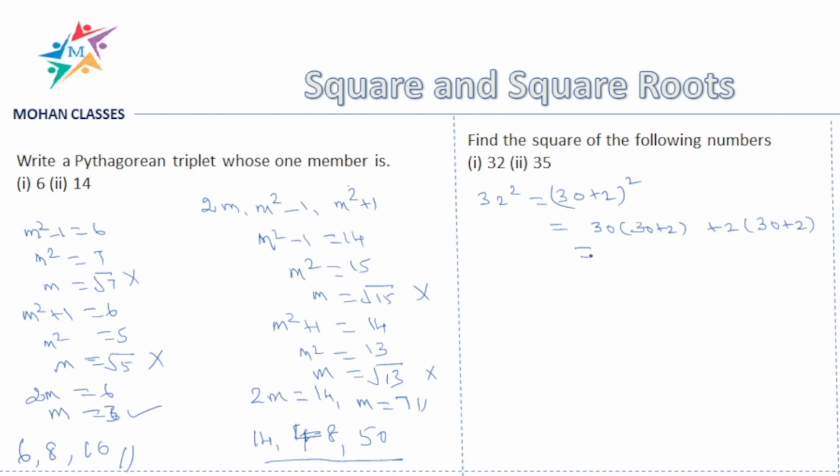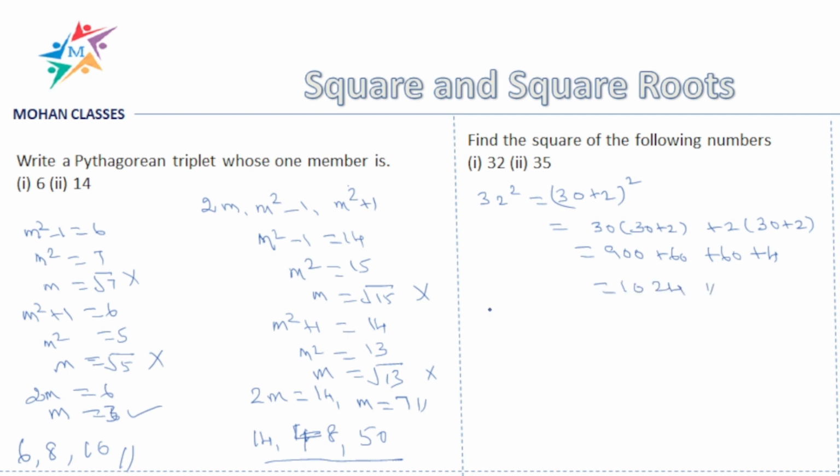Simplify it: 900 plus 60 plus 60 plus 4. 900 plus 60, 960, 960 plus 60, 1020, 1024. The answer is 1024. 32 square is 1024.